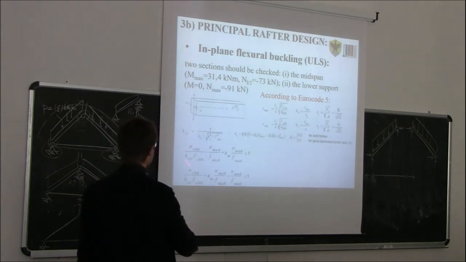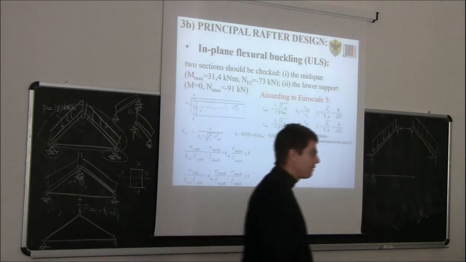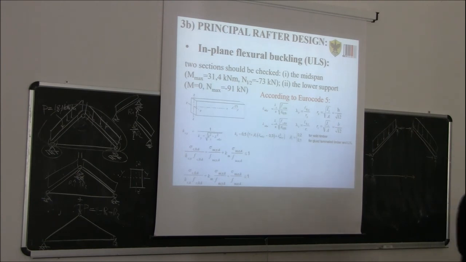Those are the formulas according to Eurocode 5. Of course, these formulas are for both buckling around Y and buckling around Z. And of course, in this case, you see there is also this additional component taking into account the problem of biaxial bending.